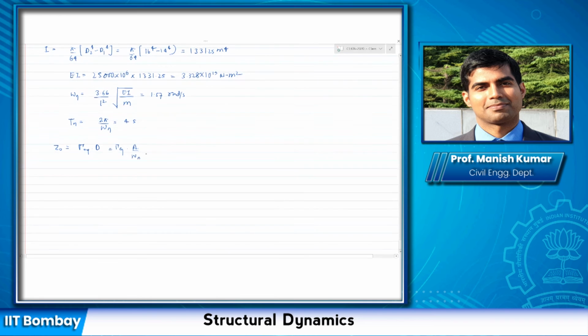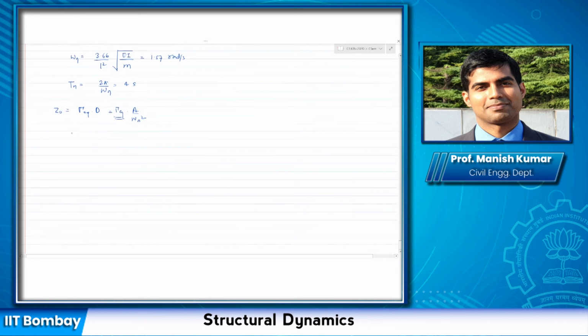But to get that, I first need to find gamma equivalent. Gamma equivalent is nothing but, in this case, I can just integrate m of x times phi of x dx from 0 to L, divided by M equivalent.